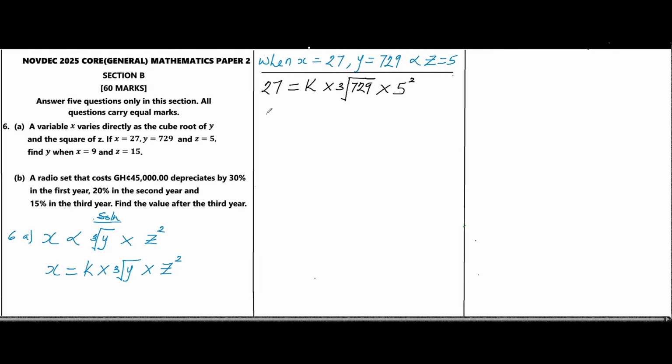So we have 27 equal to k multiplying, what is the cube root of 729? So that is 9, and then 5 squared is 25.